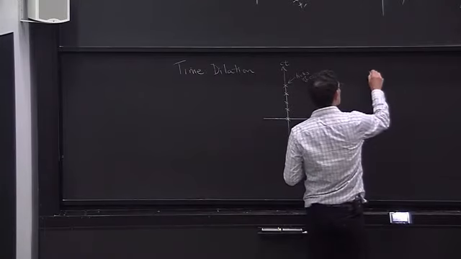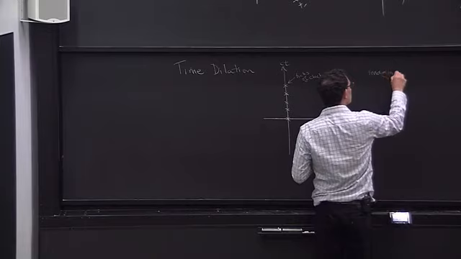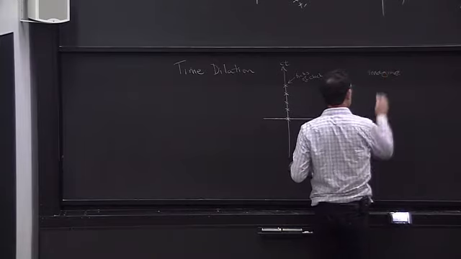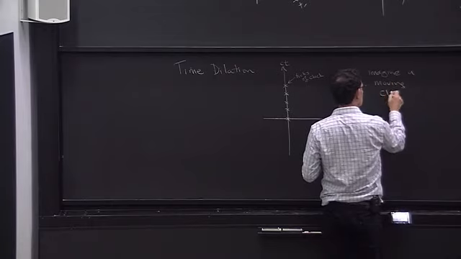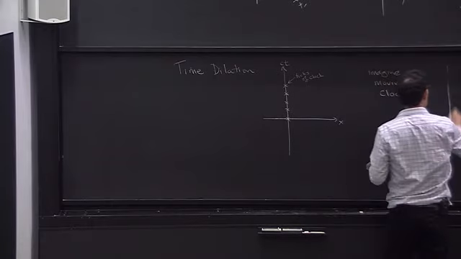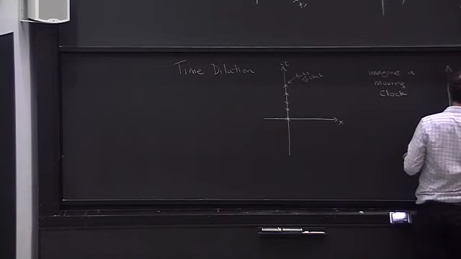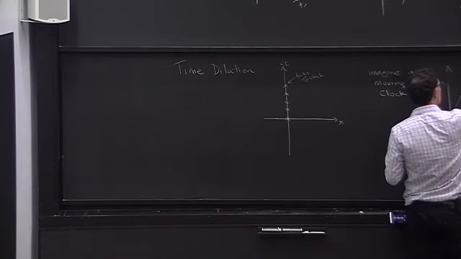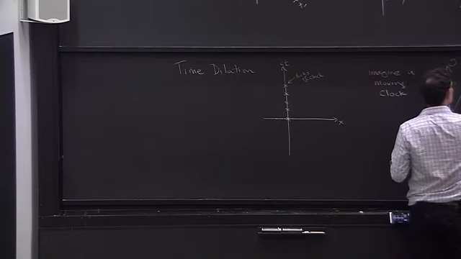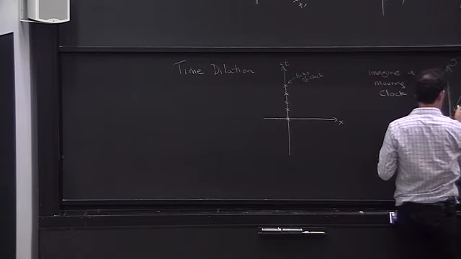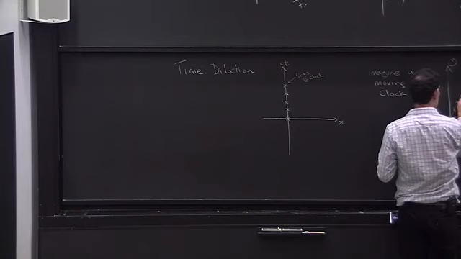Now imagine a moving clock. So what does that mean? It means that the observer O prime is carrying along a clock. This is the O coordinate system. This is the O prime coordinate system. And O prime is carrying a clock like this.